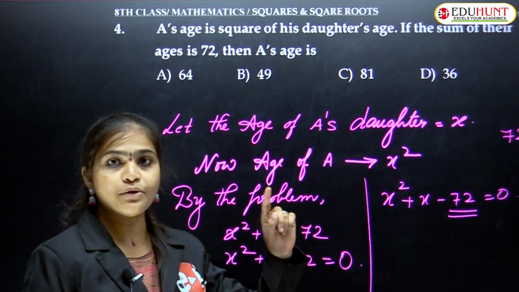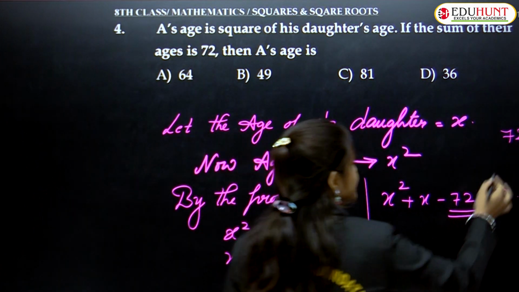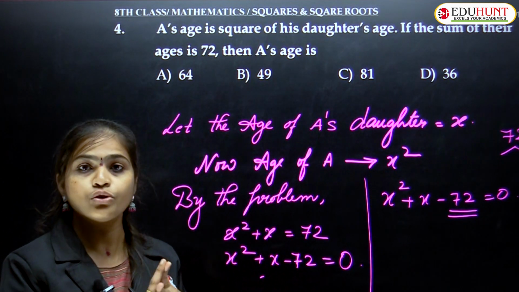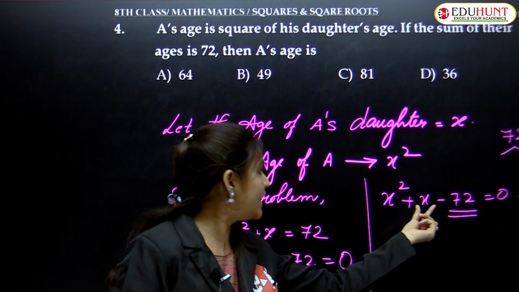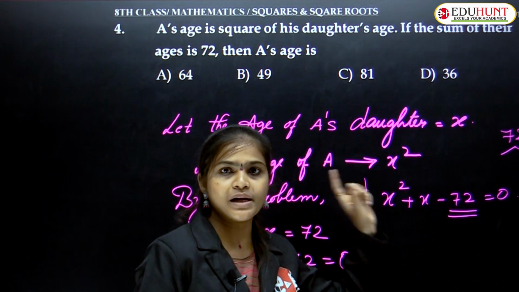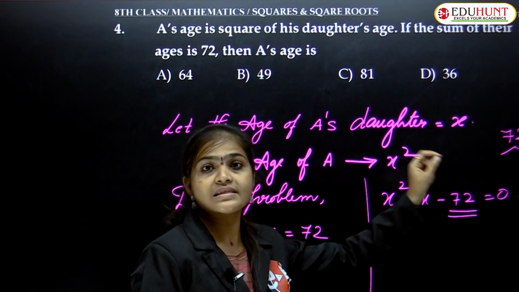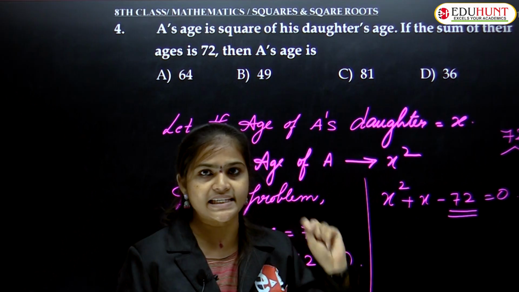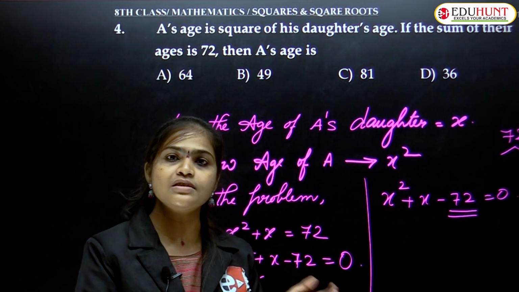So here we have to take the factors of 72, and one more thing: the addition or subtraction of those two factors should be equal to the middle term. So what is the middle term here? Plus x, which is nothing but plus 1x only, no? So it's the sum or addition of the factors of 72 that should be equal to 1x. Okay, when will it be possible for that addition or subtraction?